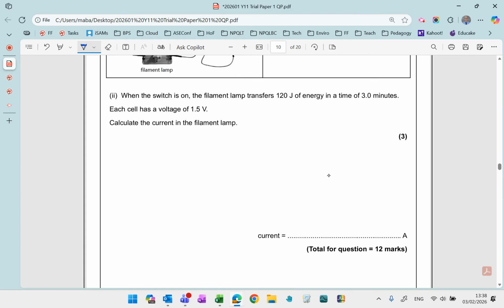Alright, I'm not sure how to answer this question, so what I'm going to do, because it's a calculation question, is write down the information that the question tells me. So I know that I've transferred 120 joules of energy, so E equals 120. Time, that's lowercase t, and that's 3 minutes. Oh, I've spotted a trick there.